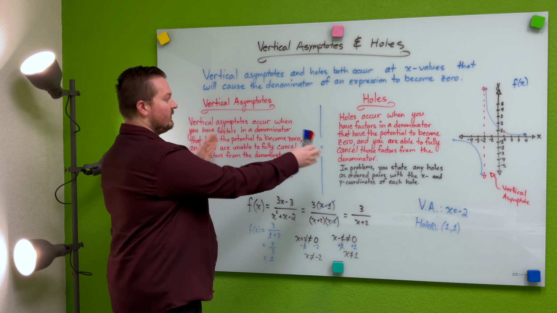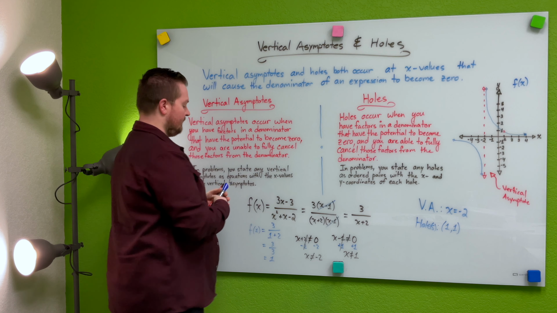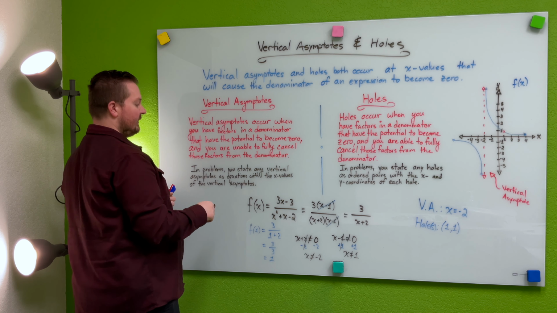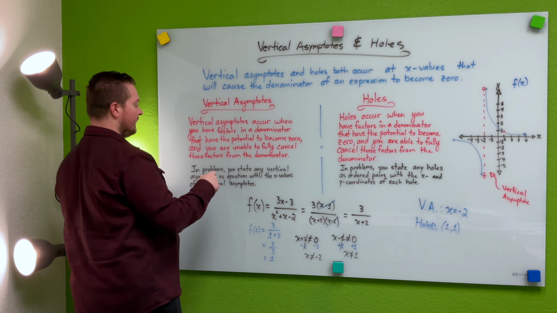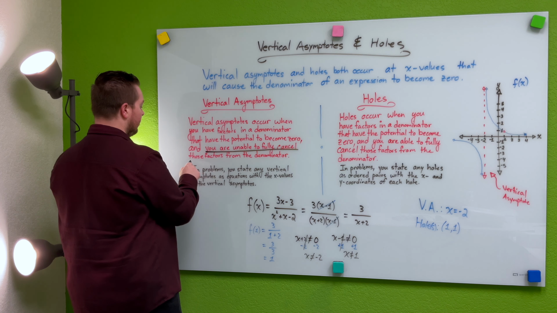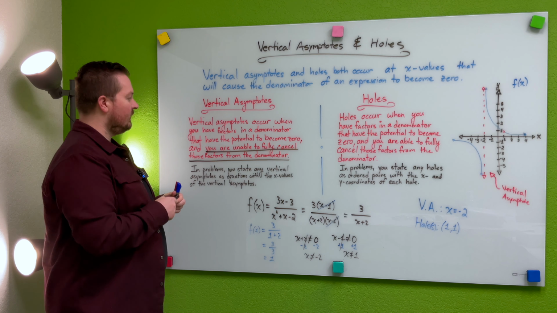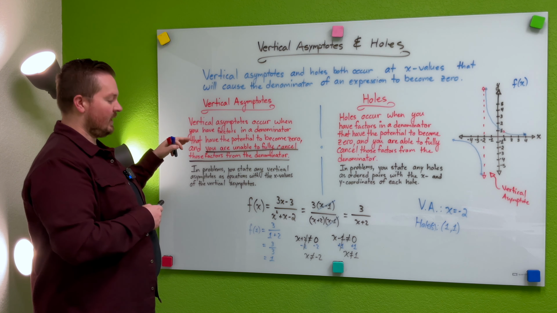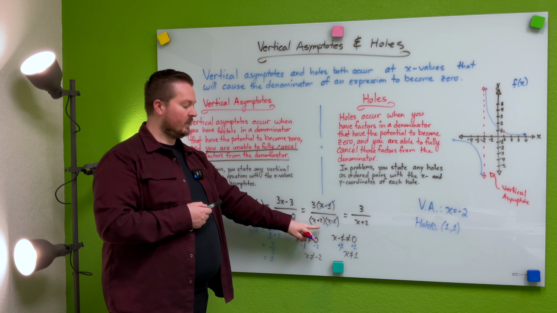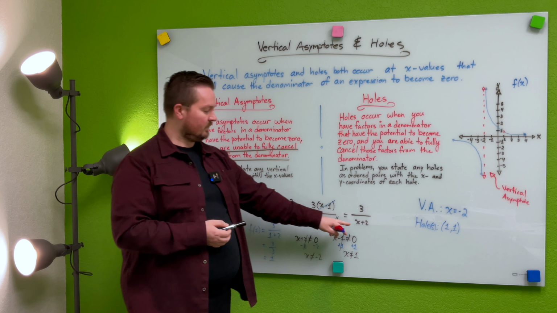But where they diverge, what makes vertical asymptotes different from holes is that vertical asymptotes occur at the x values for any factors that you are unable to fully cancel from the denominator. Vertical asymptotes occur at x values that make factors in the denominator 0 for factors that you cannot fully cancel from the denominator.